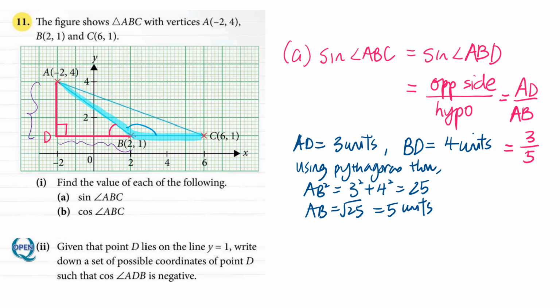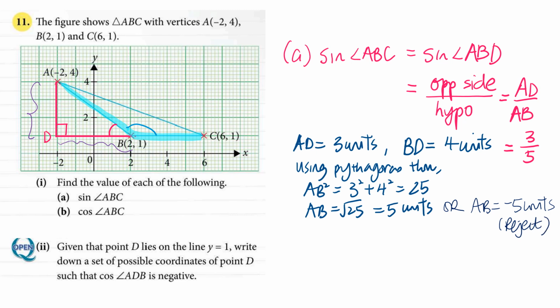AB squared, which is your c squared, equals a squared plus b squared, which equals 25 for AB squared. So AB is just the positive value, 5 units, because length represents positive values. Actually, to be more accurate, you should say AB is equal to plus or minus 5, but we're going to reject the negative.